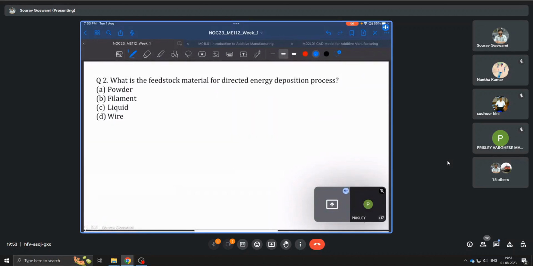What is the feedstock material for a directed energy deposition process? Would someone please volunteer to answer? Feel free to unmute, you need not type in the chat.